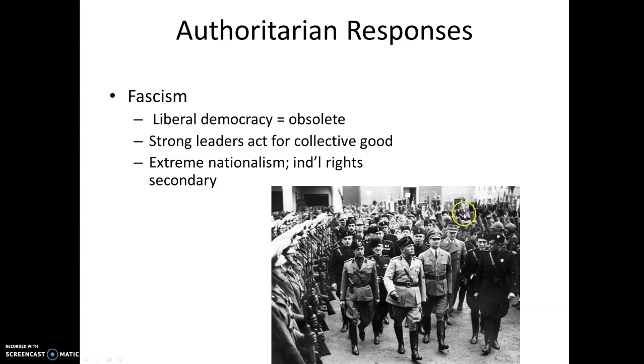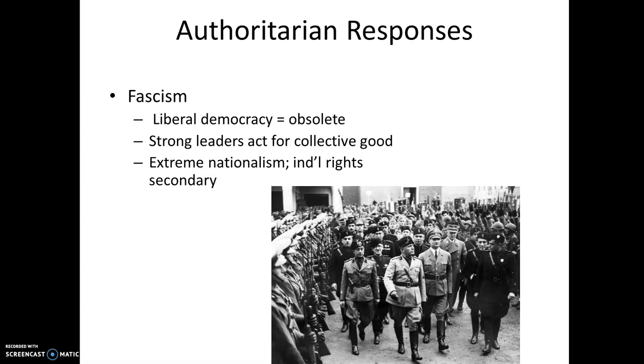Mussolini in Italy, who you see on the screen, and Hitler in Germany are the two prime examples, and they thought representative democracy was stupid, and that weak and vain politicians only made problems worse. These competing politicians needed to be replaced by strong leaders who would act in the best interests of the people, and then national greatness could be achieved.